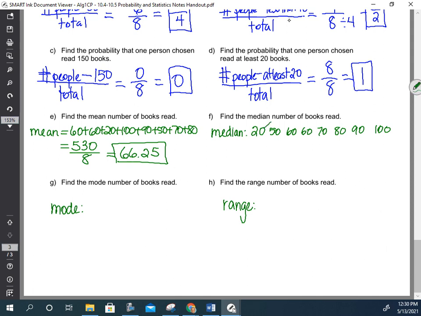And you start crossing off from both ends until you get to the two numbers in the middle. 60 plus 70 divided by 2. 65. Right, 65. So the middle number is 65.